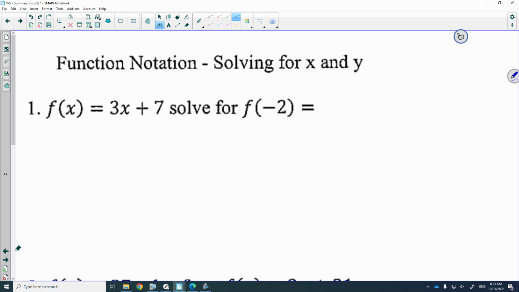Do this one. F of x is 3x plus 7. Solve for f of negative 2. And then I'll pick somebody for this.